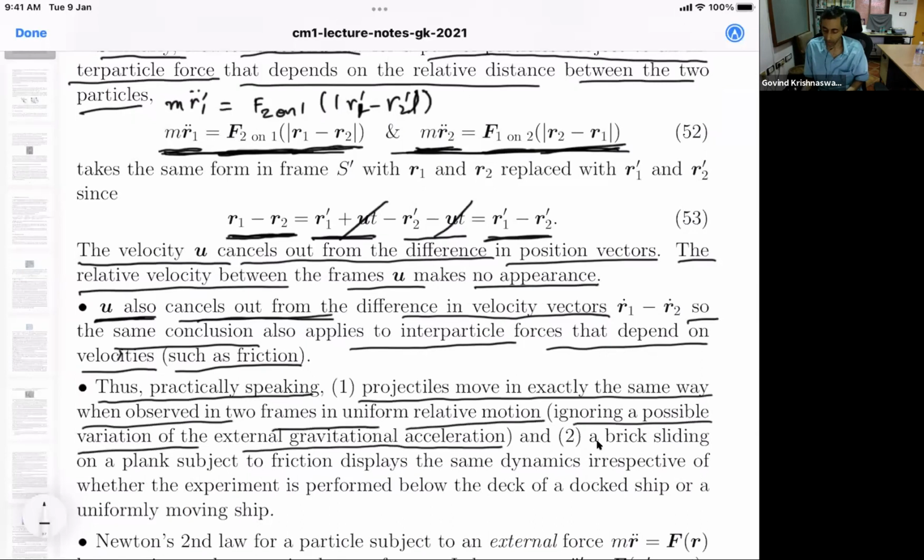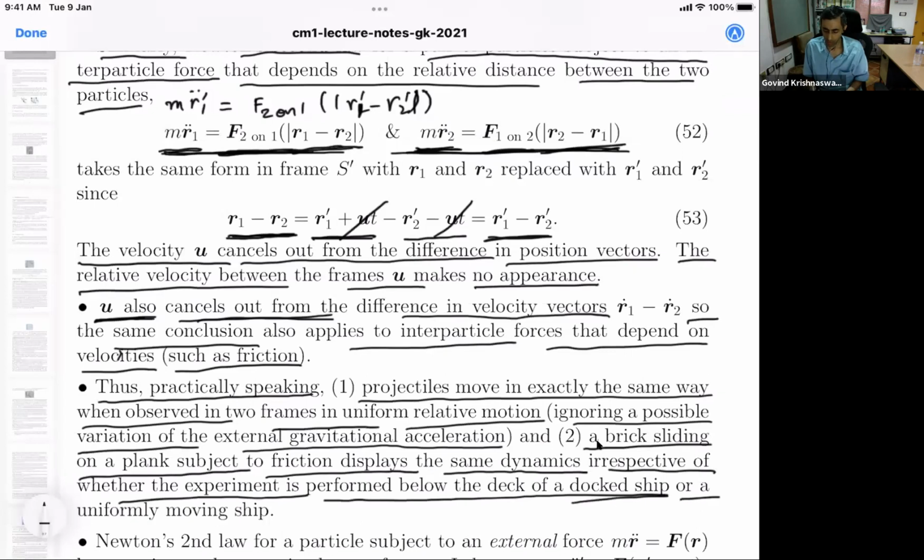And second, a brick sliding on a plank subject to friction displays exactly the same dynamics, irrespective of whether you experiment with that brick and plank below the deck of a docked ship at rest, or a uniformly moving ship. Okay, so any question about these ideas?